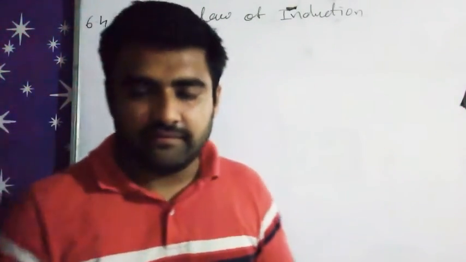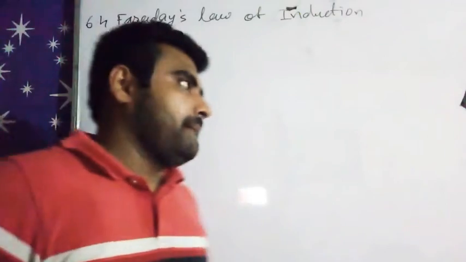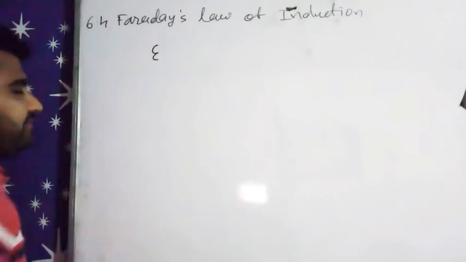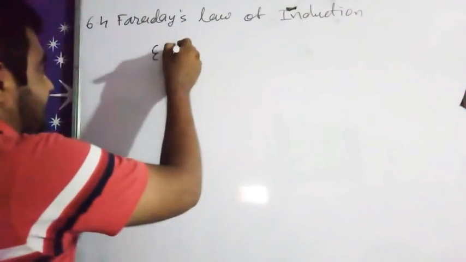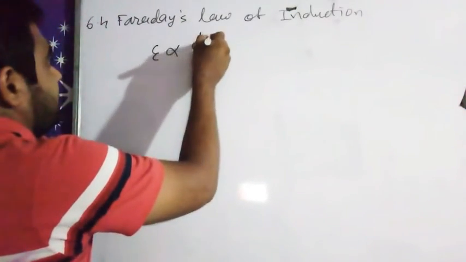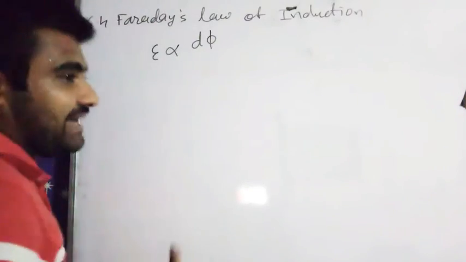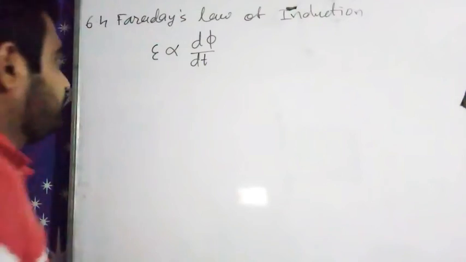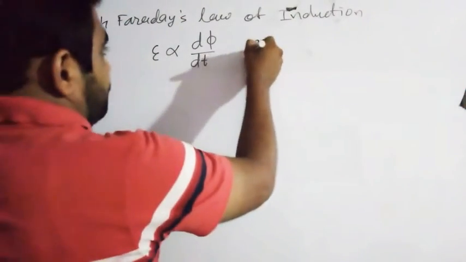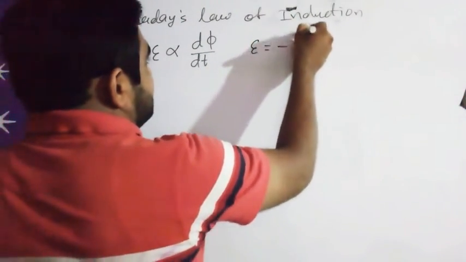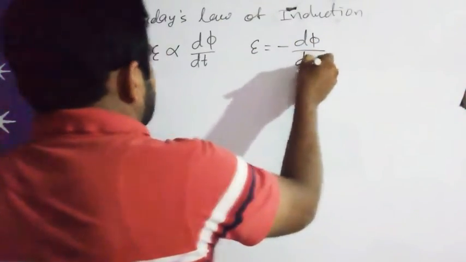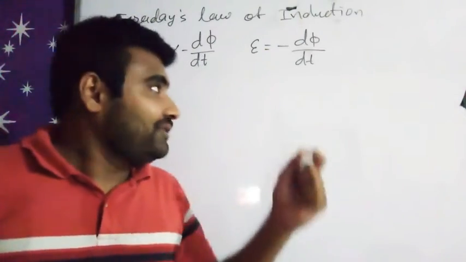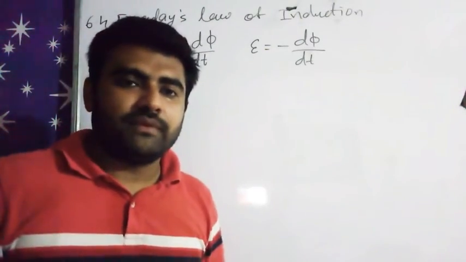Faraday gave this law from his experiments: the induced EMF is directly proportional to the changing magnetic flux with respect to time. Removing the proportionality, we can write E is equal to minus d phi by dt. Now why is there a negative sign in this formula?